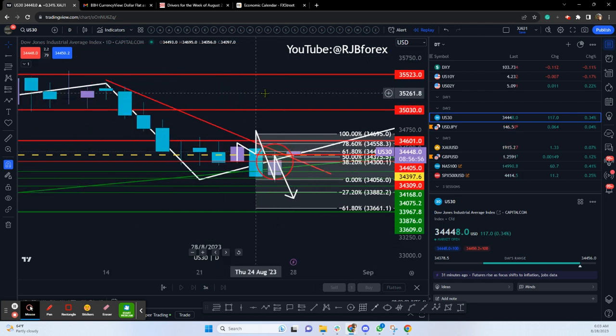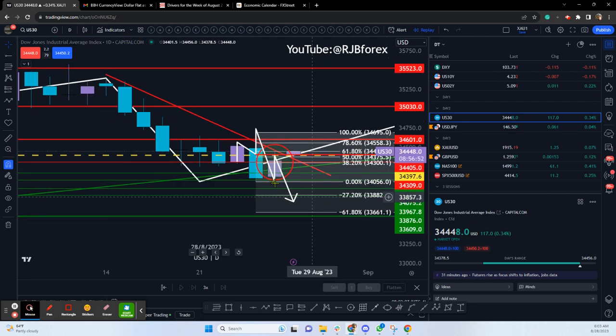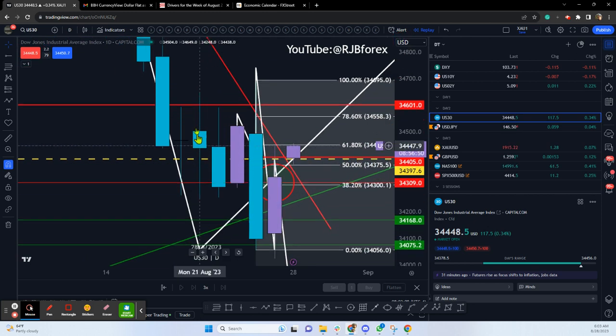And then on the daily chart, we've made a 61.8 correction into that Thursday sell-off. We've done that over Friday, and again we are bid on Monday so far.